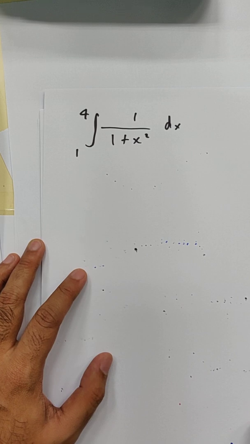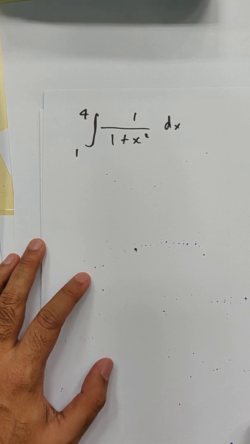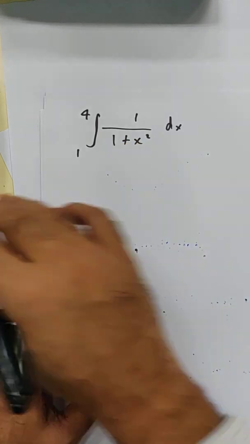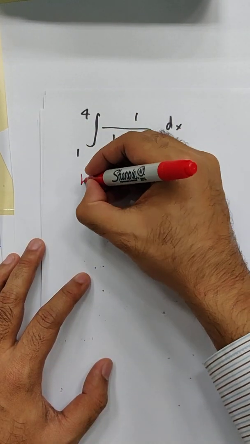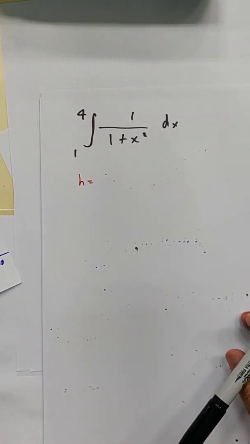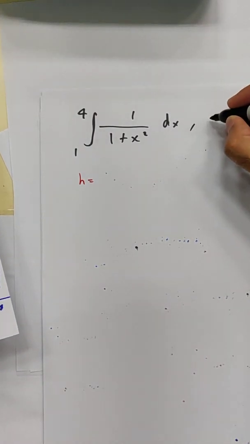I don't have the graph with me. Okay, firstly we calculate the h. How do we calculate the h? Let's say you are given here 4 strips.